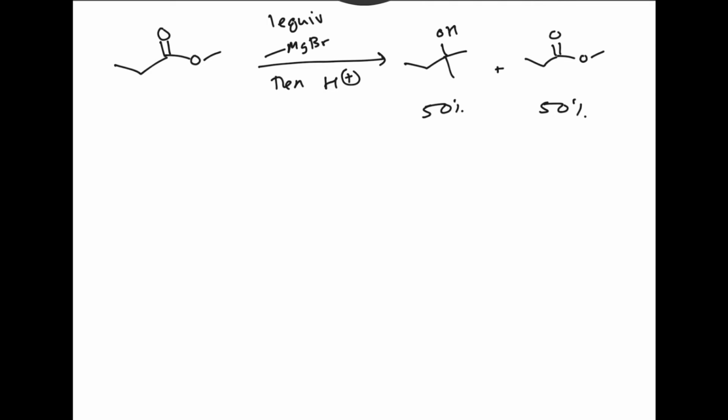So let's think of the simplest example, which would be you've got 2 molecules of ester and you have 2 molecules of Grignard reagent. When the first Grignard reagent reacts with an ester, it makes a ketone, right? Now the second molecule of Grignard reagent has a choice. It can react with the ester or it can react with the ketone.